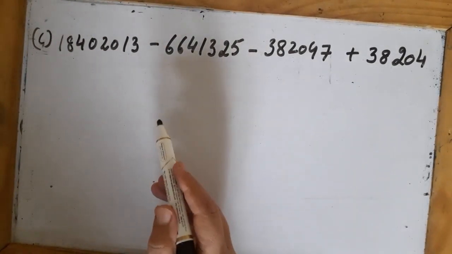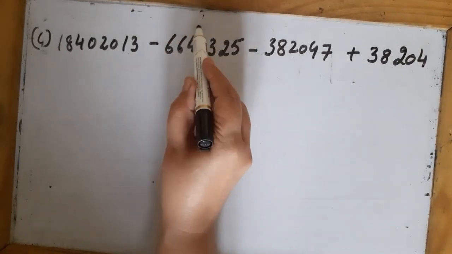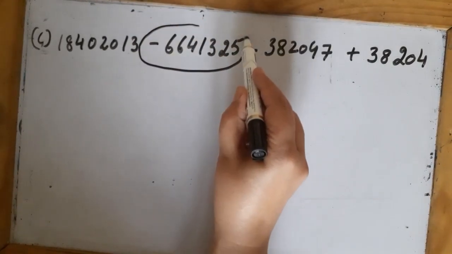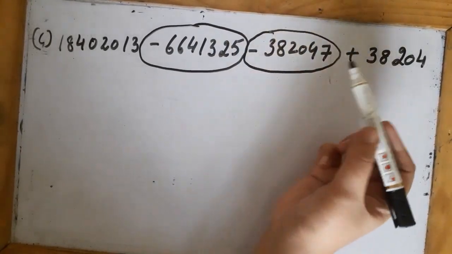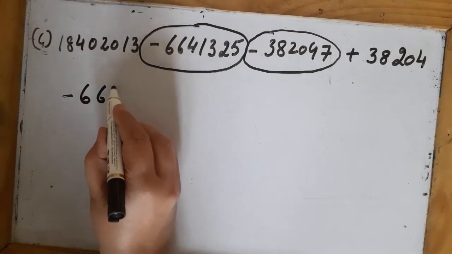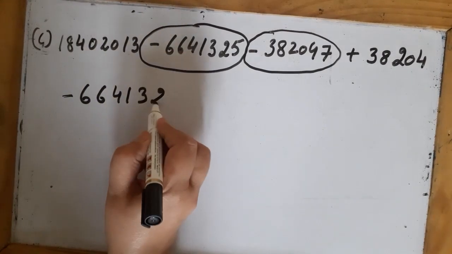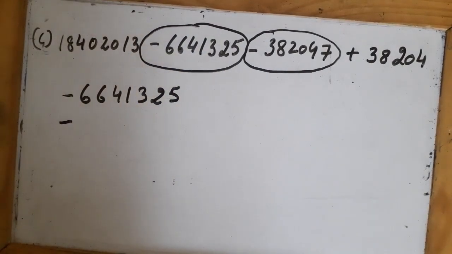What the three steps are, like you can see this minus and minus. So these numbers which have minus sign in front, you can add together. I'm telling you, these numbers which have minus sign in front, you have to add them together.